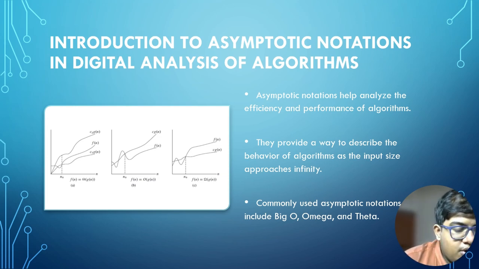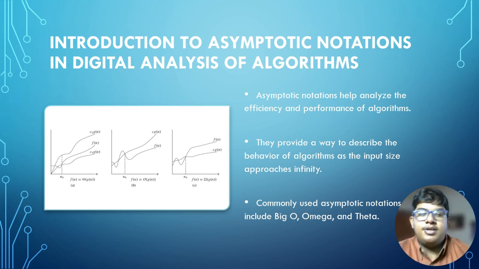The point you see here, that is n0 or k, says that until that point it may be varying, but once you cross that point, the higher value is always greater than the function and the lower value is always lower than the function. In big O, in the same way, before n0 it is varying, but after that the value is always greater than the function. And in big omega, it's always lesser than the function, in the same manner.